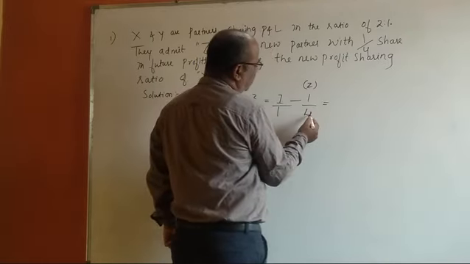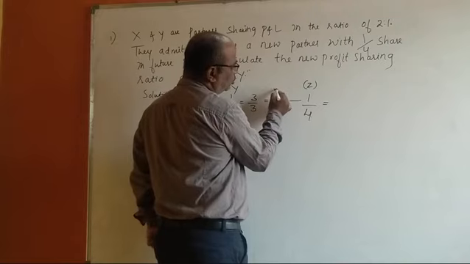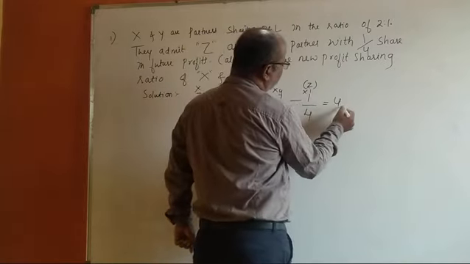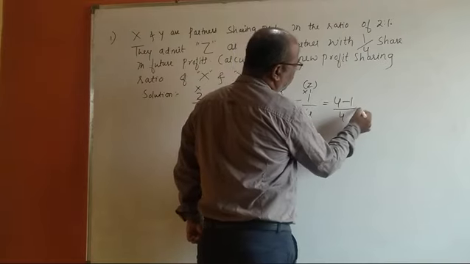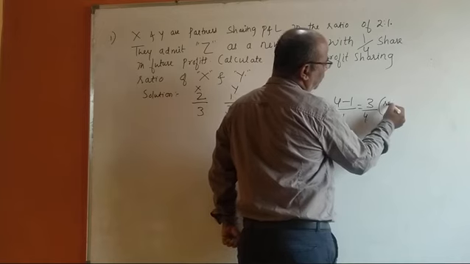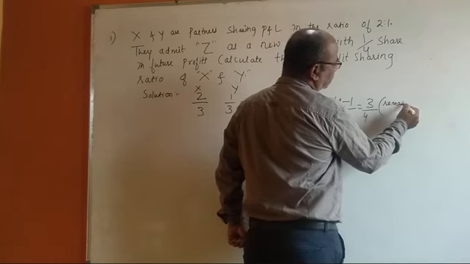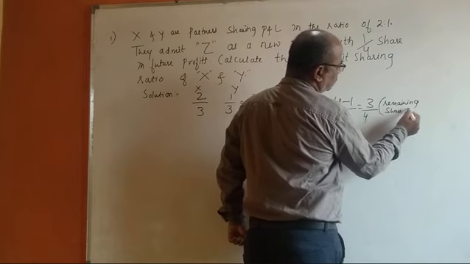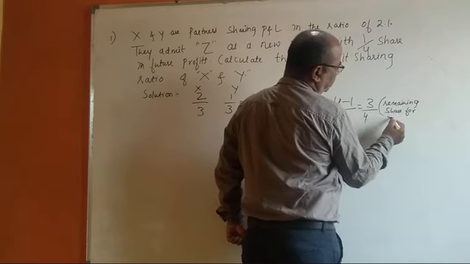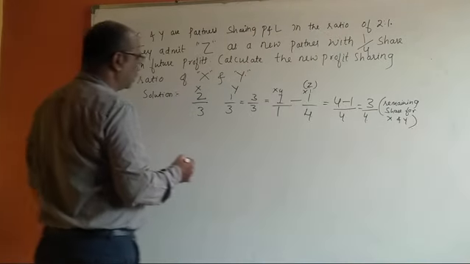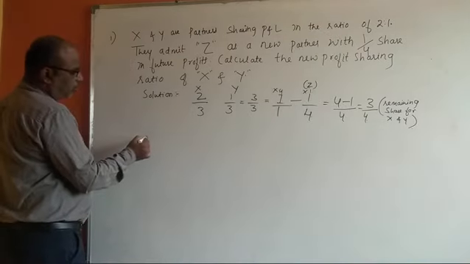So if you cross multiply, 4 into 1, 4 minus 1/4 equal to 3/4 is remaining share for X and Y.